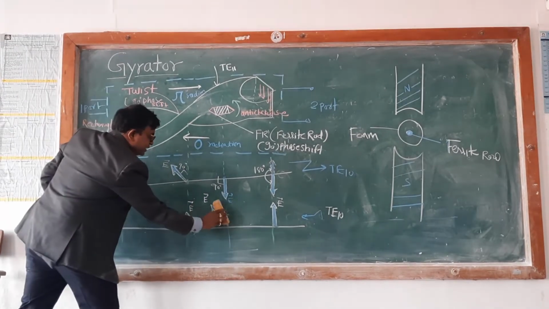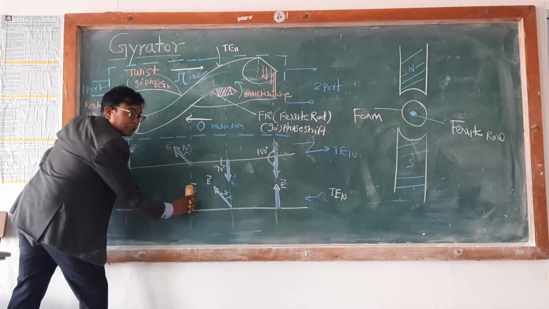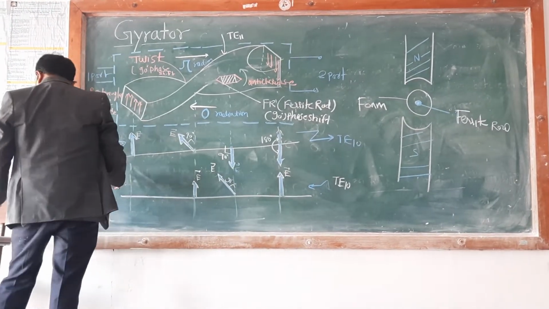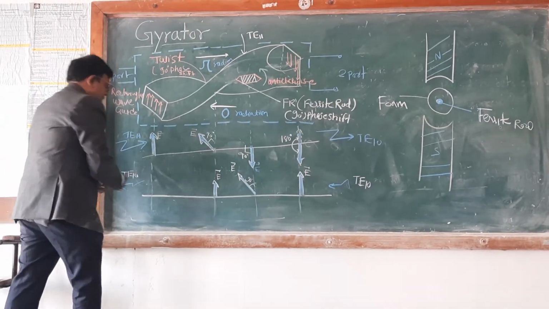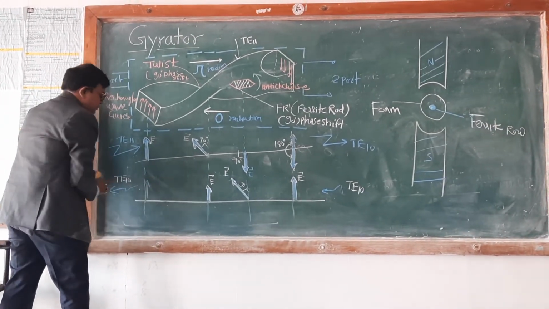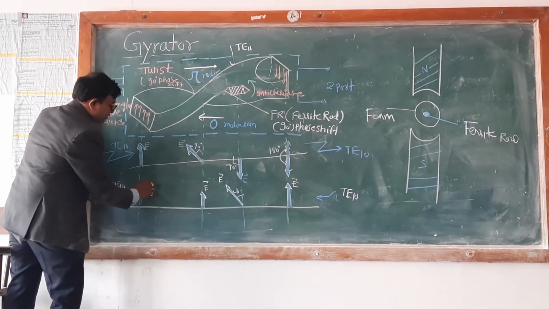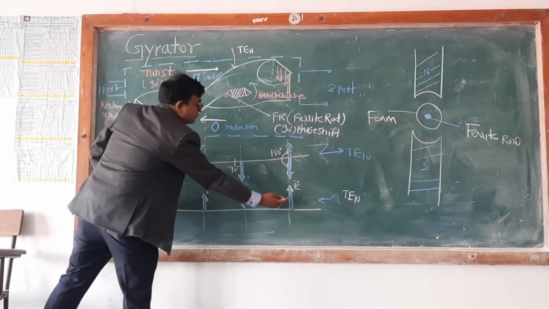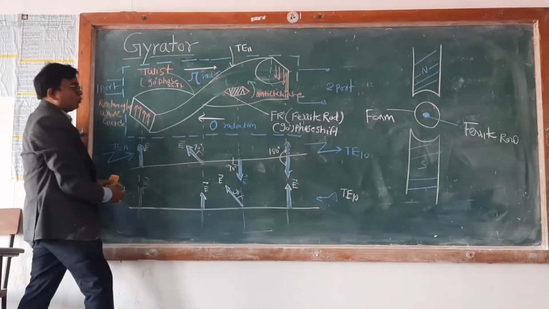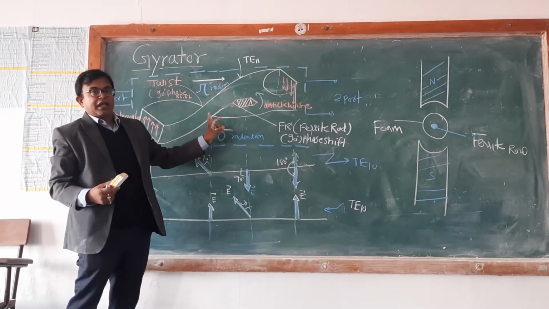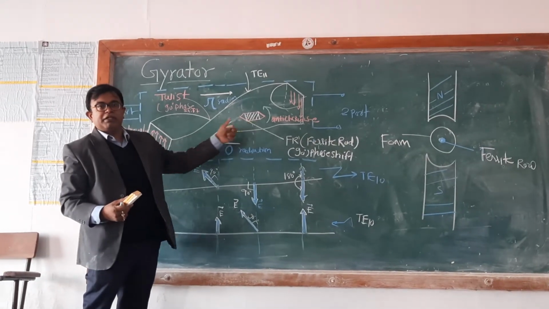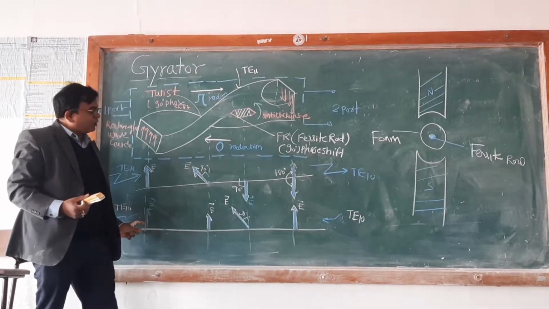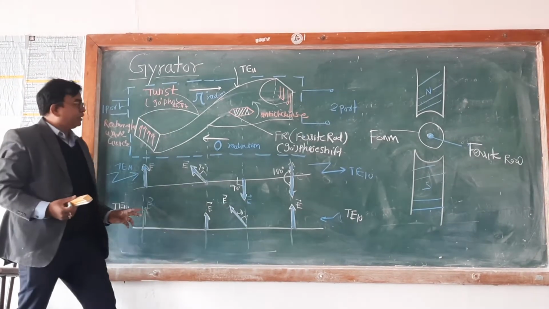So the angle comes back to the same position, and the same electric signal comes out here without phase shift. There is no phase shift from port 2 to port 1, because one section gives a 90-degree phase shift and the other gives the opposite 90-degree phase shift. So it cancels out and we get a 0-degree phase shift.